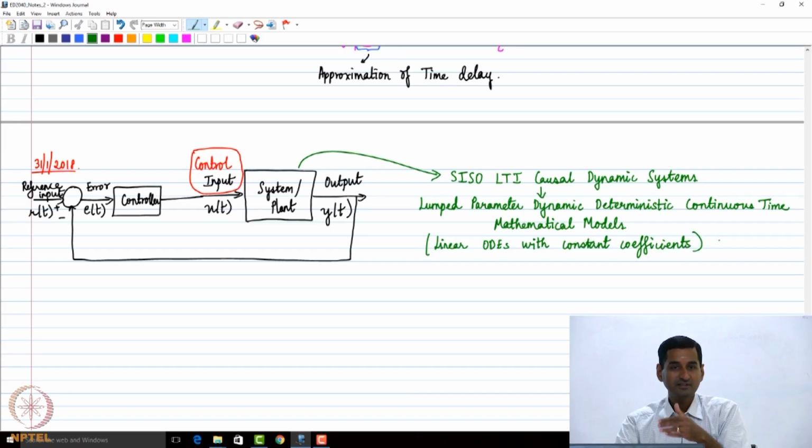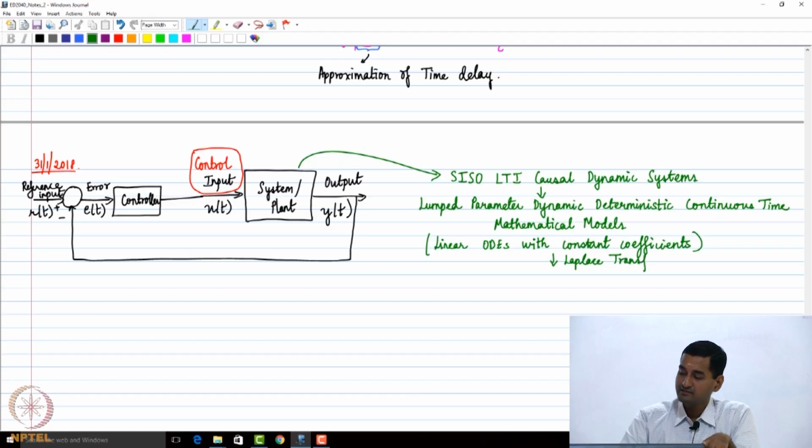It so turns out that if I study this class of systems using this class of mathematical models, by and large the representation comes out as a linear ODE with constant coefficients. That's the theory. Then what did we do once we had this? We applied the Laplace transform to obtain the transfer function representation.